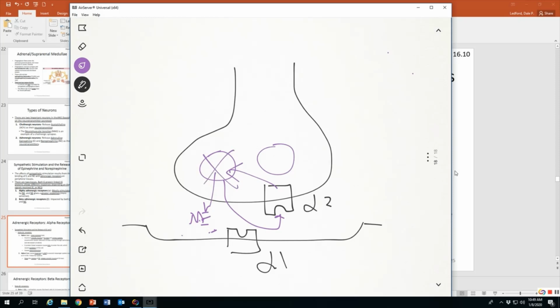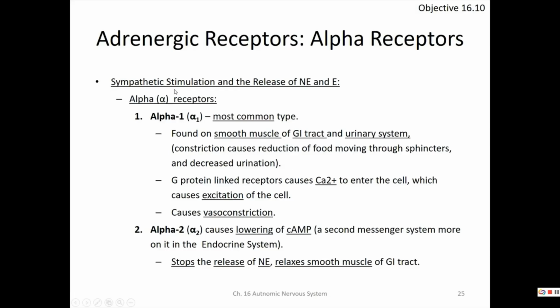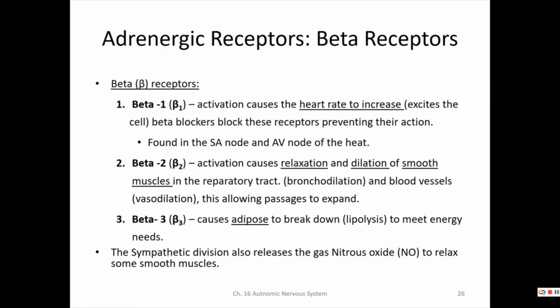This norepinephrine can bind to this and shut off its release. And that's what alpha 2s do. Or it relaxes the gut. That's the other action. Now, I'm going to ask one of these two, okay? They will be on the test.